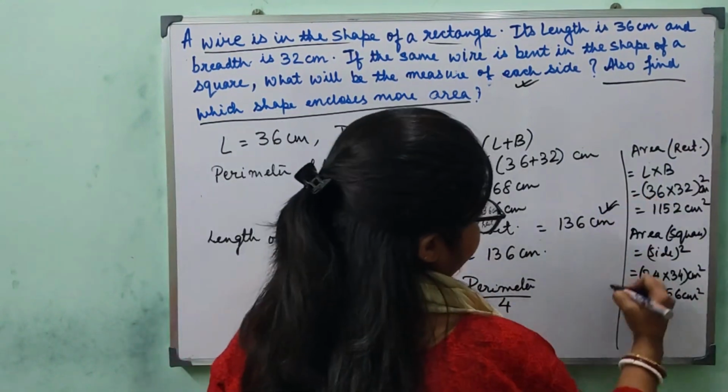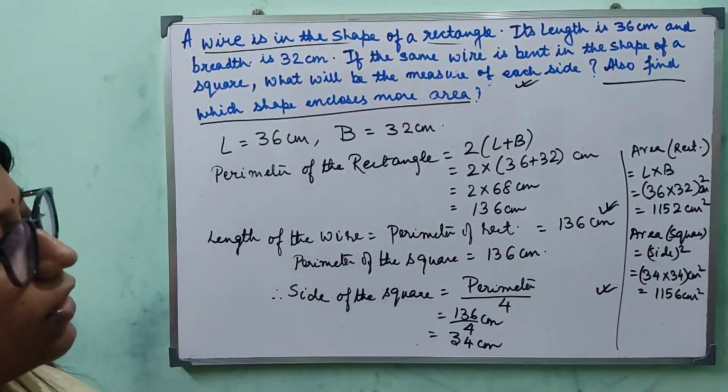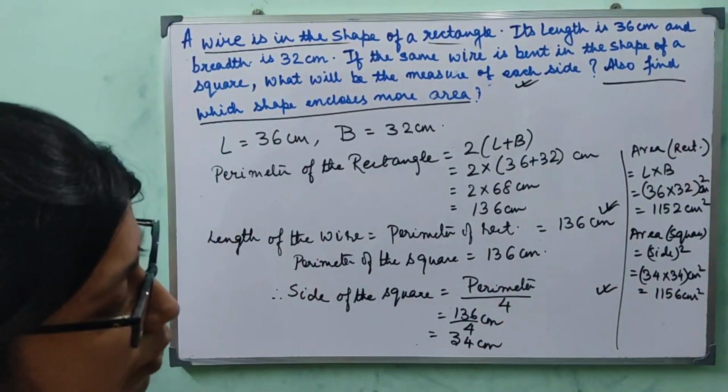Now from here and from here, which figure encloses more area? The square encloses more area.